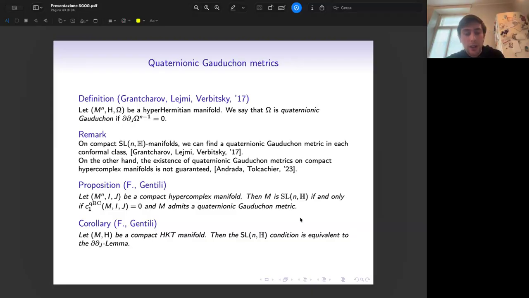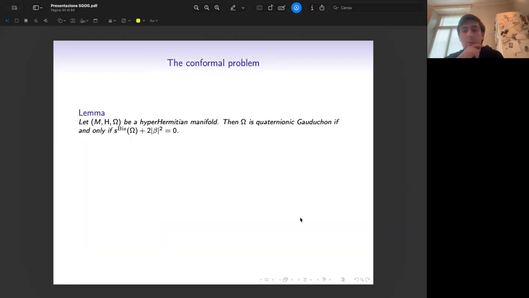So now the question is, can we find some condition to have quaternionic Gauduchon metrics? And we try to address this problem firstly in the conformal class. So let me just restate the quaternionic Gauduchon condition as follows.